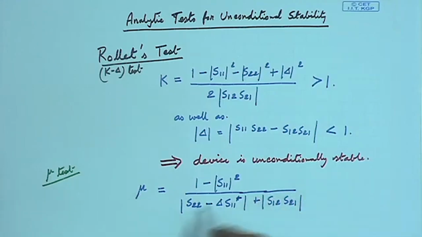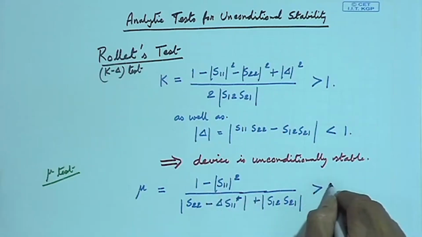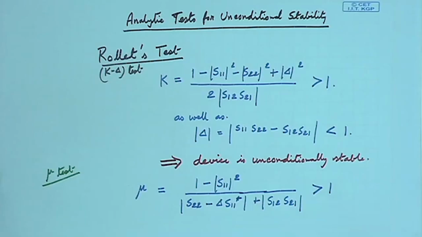Here also this is a real number, and if it is greater than 1, then we can again say that the device is unconditionally stable.